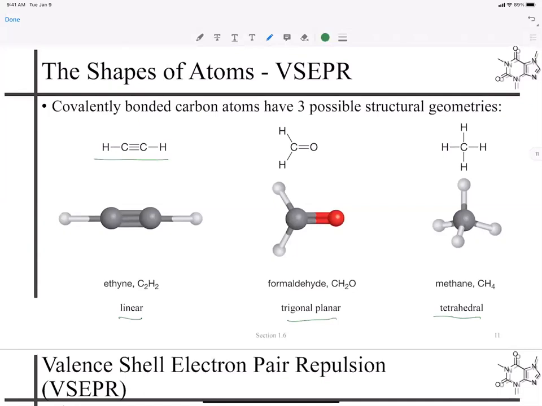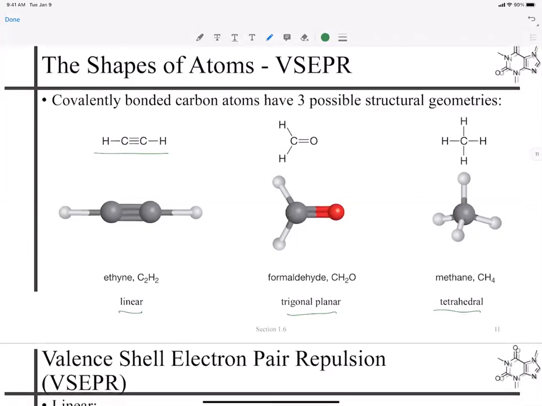That's where the name planar comes from. And finally, when carbon is involved with four single bonds, the easiest way of arranging those electron groups about that central carbon atom is a tetrahedral geometry. Those are the three typical geometries that we explore in organic molecules.